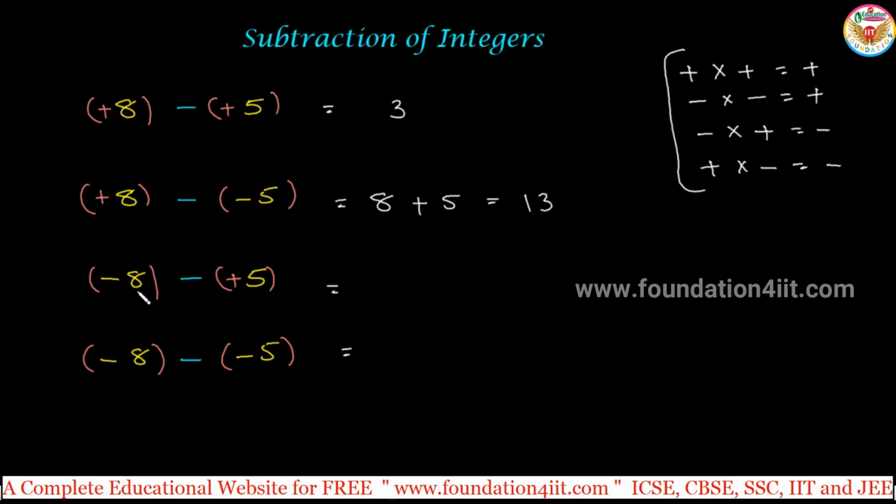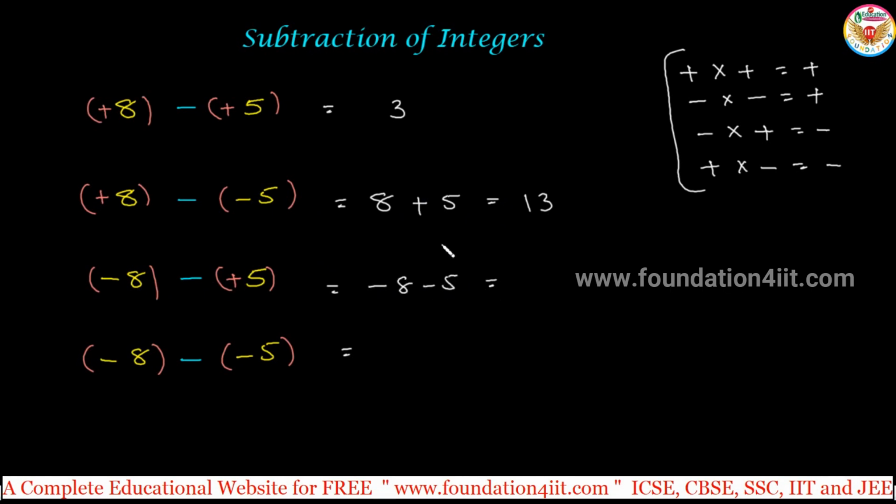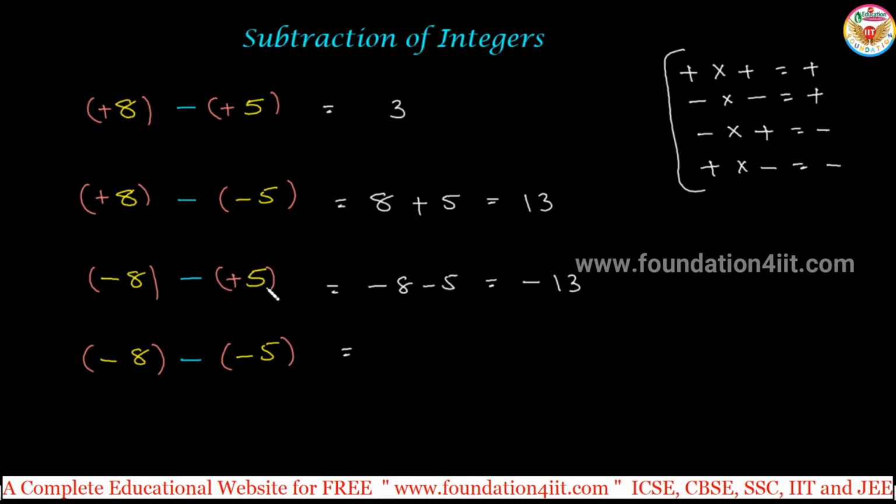Next, negative 8 minus plus 5, so minus 8 minus 5. Like the previous addition concept, when both are negative, you keep the negative sign and do addition only. 8 plus 5 is 13, so minus 8 minus 5 is minus 13. Plus 8 plus 5 is plus 13.